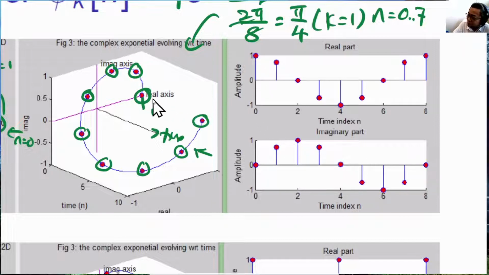So the question now is, as I am moving by pi over 4, why is the phasor looking as if it is spinning anti-clockwise? You can see it from here. As I increase from 0 to 1 step, my cosine has become smaller. My sine has become bigger. So the real part is here. Becoming smaller means it moves from this point closer to the origin. And the sine becomes bigger means I move along the vertical, it goes up.